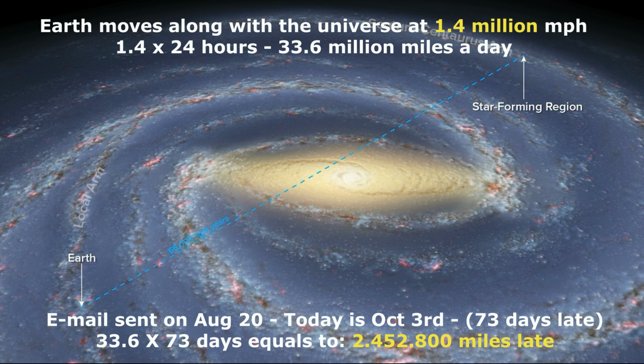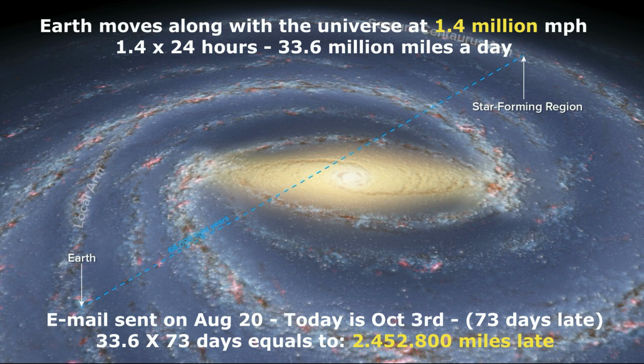So this email was sent on August the 20th, and today is October 3rd, 73 days late. So now you do the math: 33.6 million miles a day times 73 days equals 2,452,800,000 miles late. So it's crazy to say I'm 5 kilometers late or 10 kilometers late.